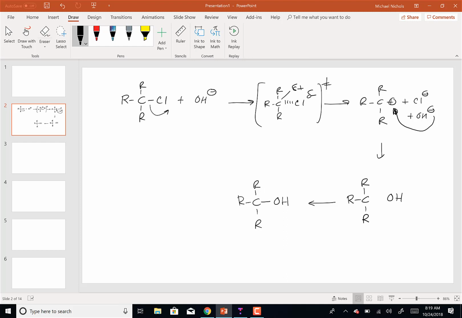Tell me what I need. Dash line between the carbon and the OH. What else do I need? Where? So what on the C? And what on the oxygen? Okay.